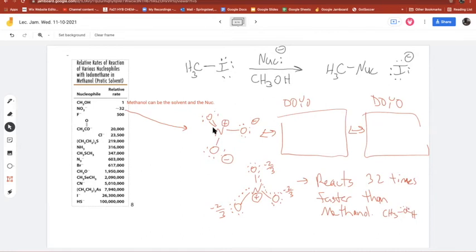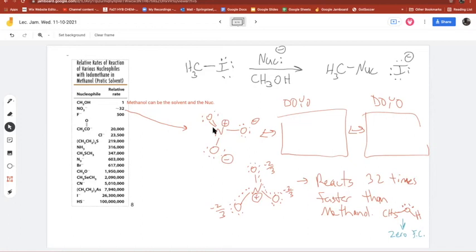Because the methanol only has a delta minus, a fractional minus charge, and it's going to be less than -2/3. We know oxygen is more electronegative than carbon, so there's some draw toward it because of that. But overall, we'll just say it's got a 0 formal charge, so it's not as negative. So it's slower.